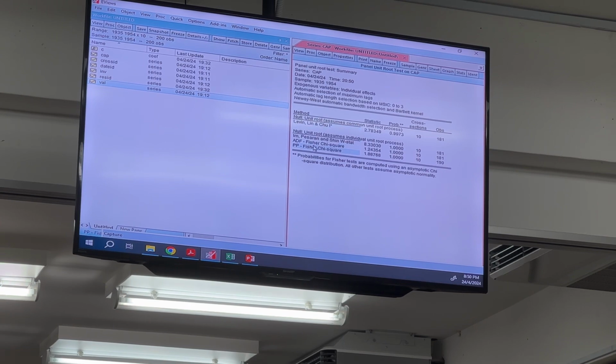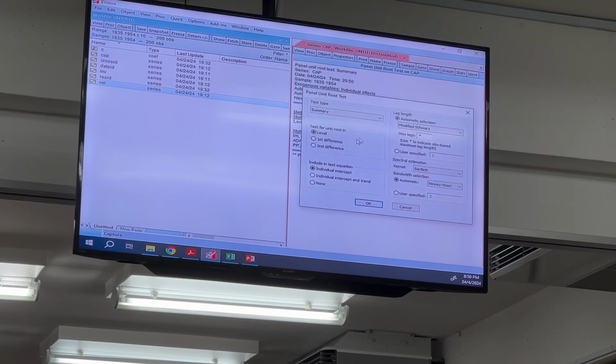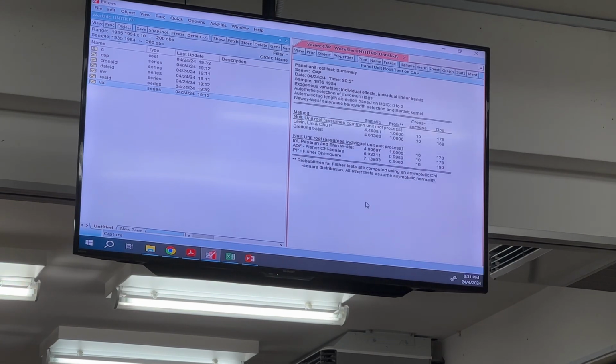Where is Breitung? Breitung is only allowed for intercept and trend, but now I'm running just individual intercept. If I run it with intercept and trend, Breitung comes up, because the Breitung test only tests for intercept and trend in the test equation. So this is how we perform the summary.